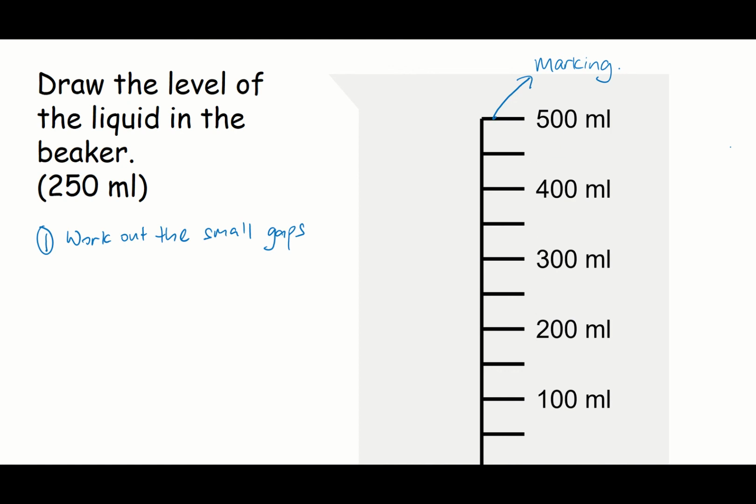Let's look at any two. Just pick any two. For example, 200 and 100 because they're small numbers. And find the difference. 200 ml minus 100 ml is 100 ml, and this is the difference.